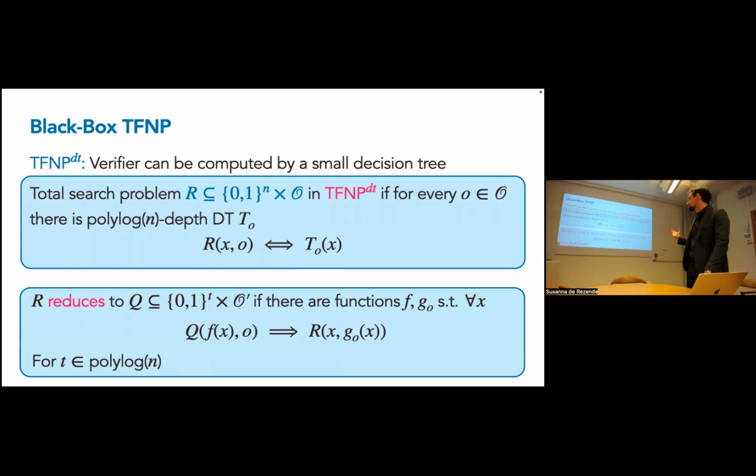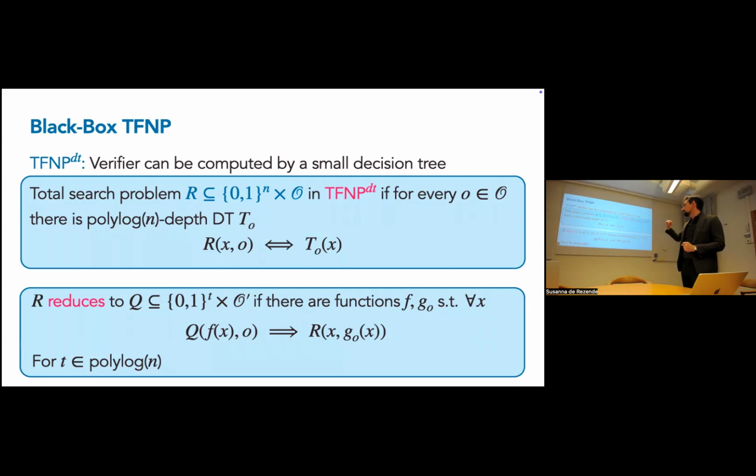And so we can also define a reduction in black box TFNP. It's the same thing as reductions in the regular world, except now the functions have to be computed by low depth decision trees rather than polynomial time Turing machines. So exactly the same definition as before.